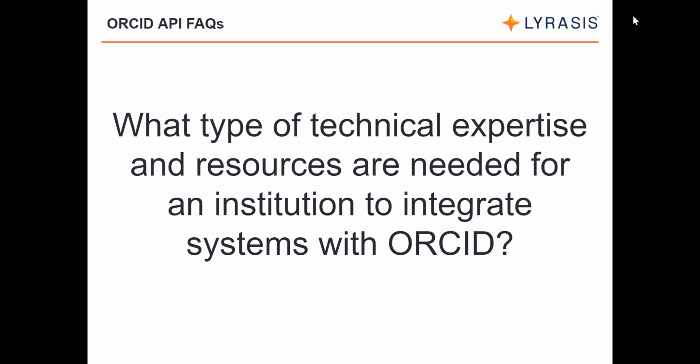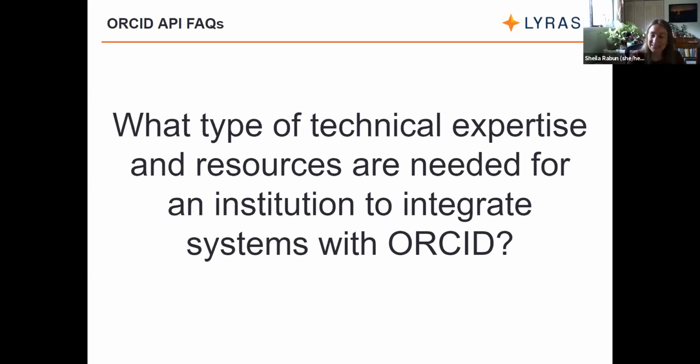But that didn't work out. So now ORCID does not allow organizations to create IDs for individuals. The individual themselves has to register for their own ORCID ID. Long story short.